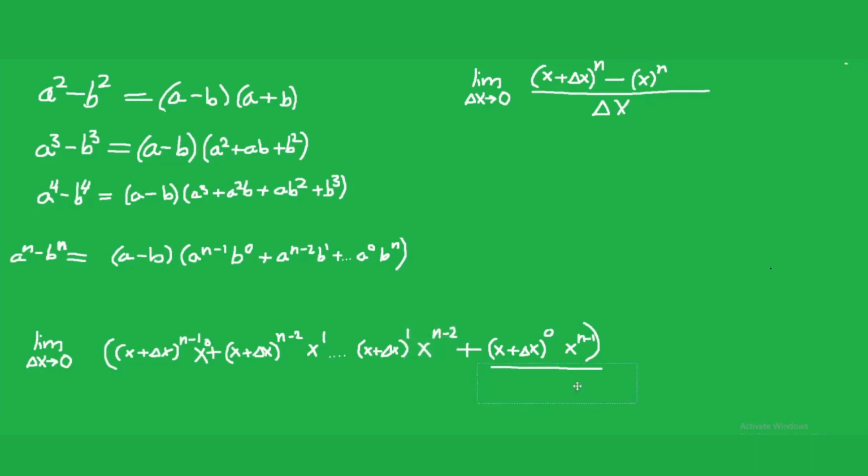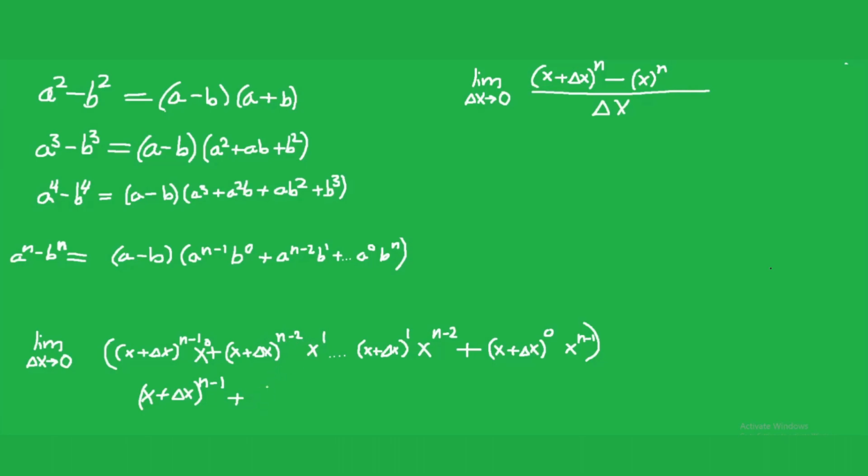Now what we can say is the following here. Okay, if we look at this, x plus delta x to the n minus 1 times x to the 0 is just going to be x plus delta x to the n minus 1. Okay, our next term, x plus delta x to the n minus 2 times x.